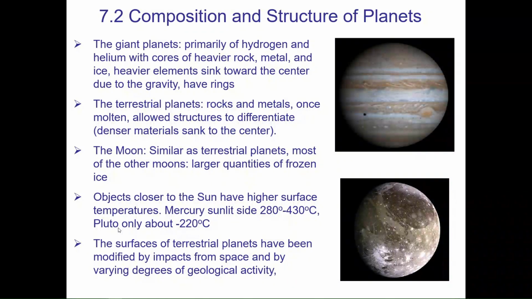It is quite far away, so you can imagine it receives a very small amount of energy from the sun. Pluto's average temperature is only about negative 220 Celsius. And you can imagine the inner planets, the terrestrial planets, experience pretty high temperatures.